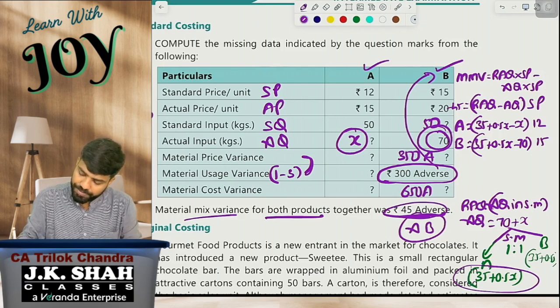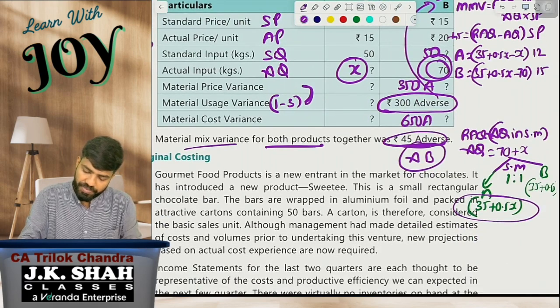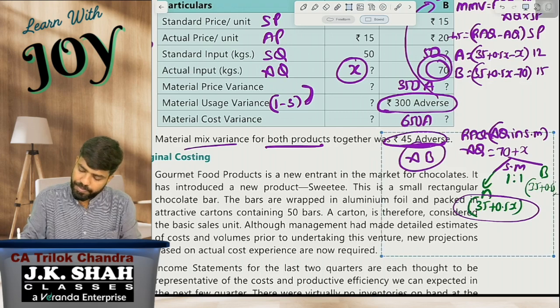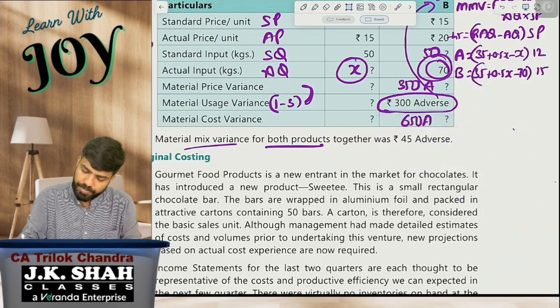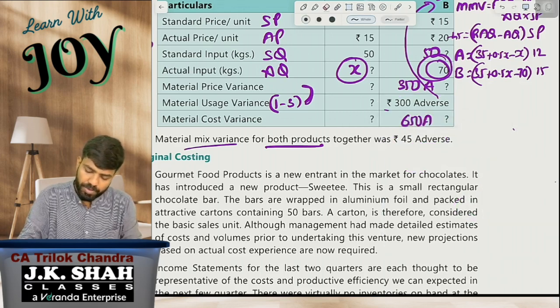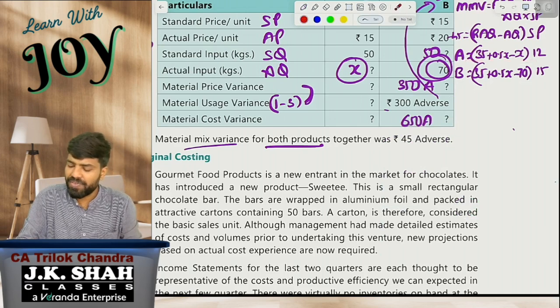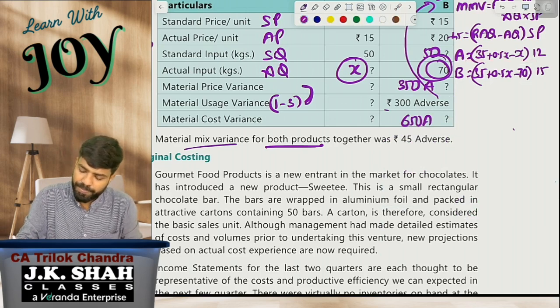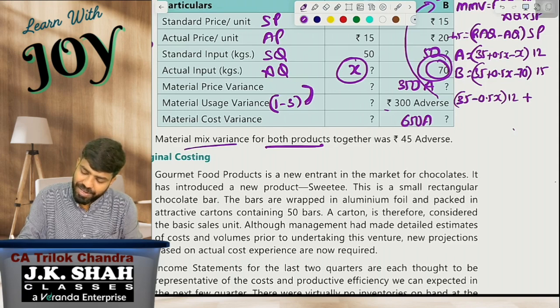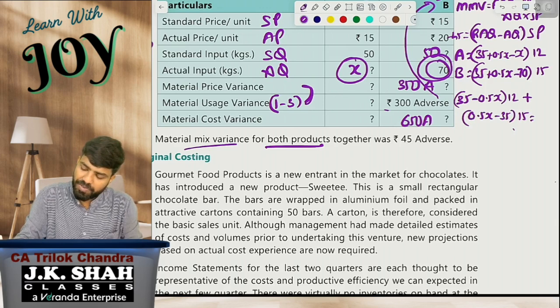Finally, it will become 35 plus 0.5x minus x. It will become 35 minus 0.5x into 12, plus 35 minus 70. So minus 35. So 0.5x minus 35 into 15 equals negative 45.